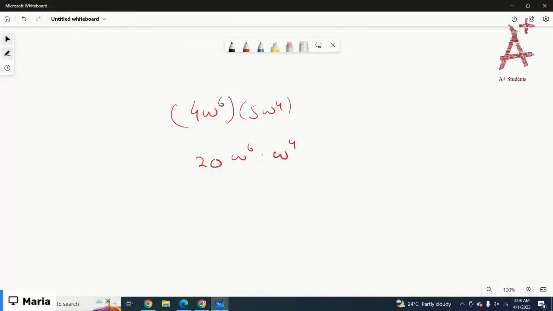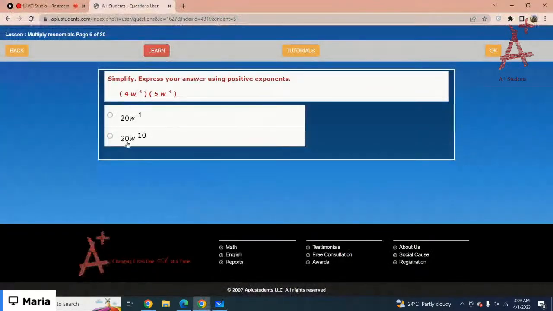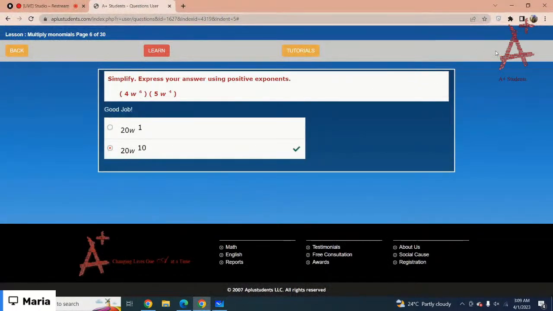And W6 times W4. Both of them are the same variables, so you have to add their exponents. So it would be W to the power 6 plus 4. 6 plus 4 makes 10. So it would be 20W10. Got it? So the correct option is 20W10. Just select the correct option and click on the OK button.